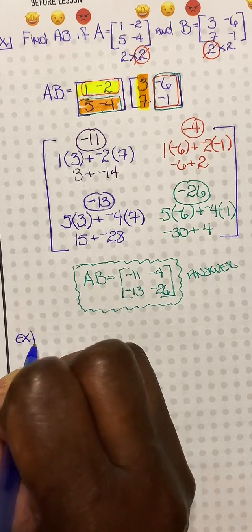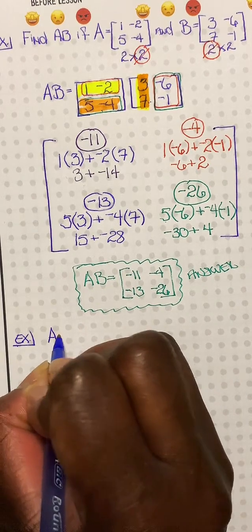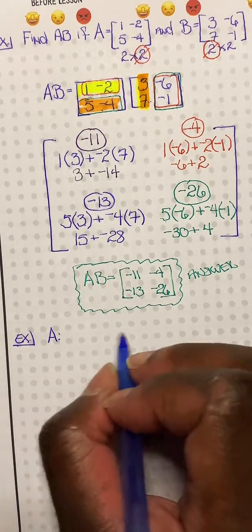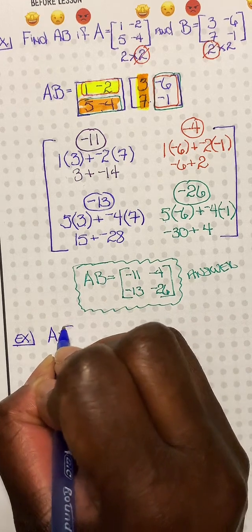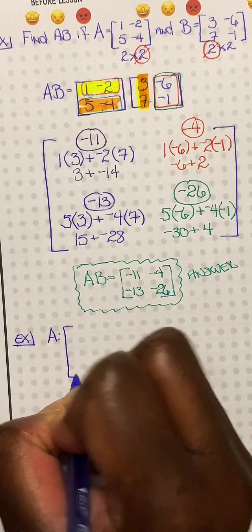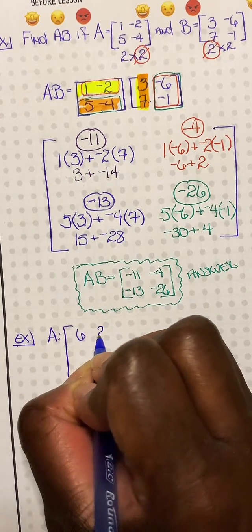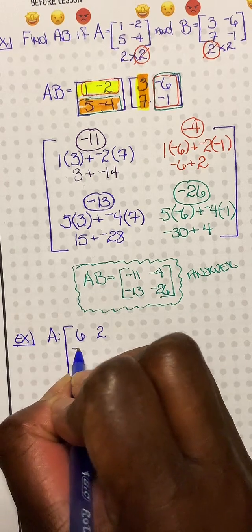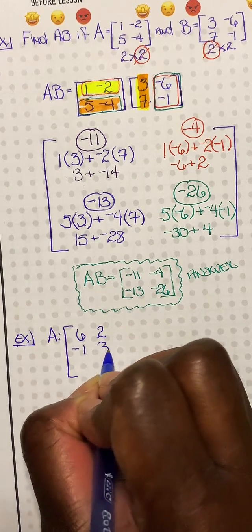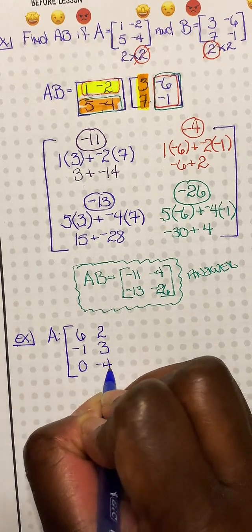Next example. I'm going to say that matrix A, because we know we're multiplying, so we want to find AB. Matrix A has 6, 2, then -1, 3, and 0, -4.